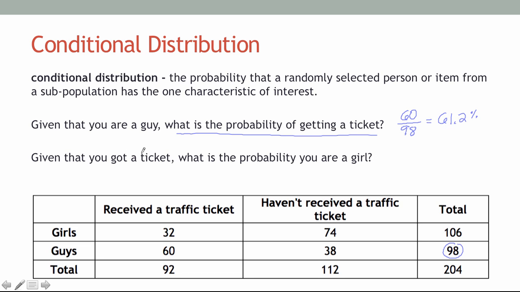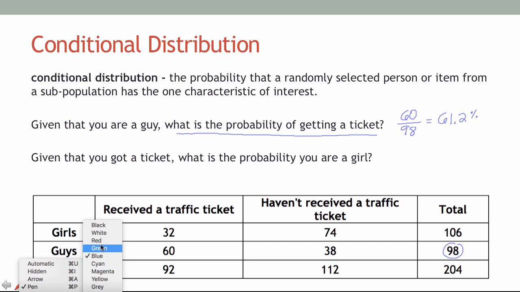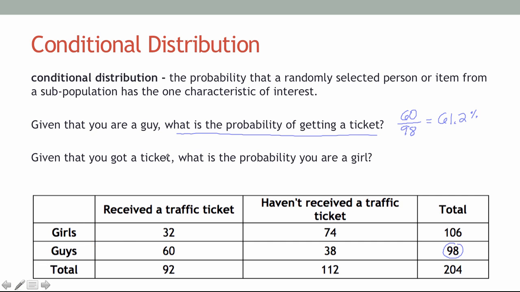It's a subtly different one. But given that you got a ticket, now we're assuming, okay, you got a ticket. What is the probability that you are a girl? So now I'm focusing on this population. Given that you got a ticket, so now I need to look at, well, how many total people got a ticket? Well, here we go. Received a traffic ticket. There were a total of 92 people.